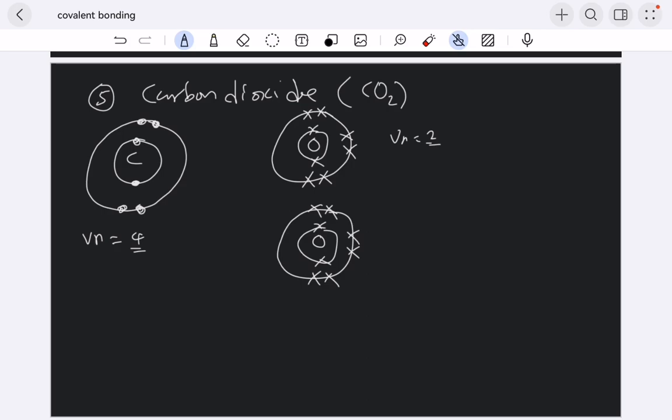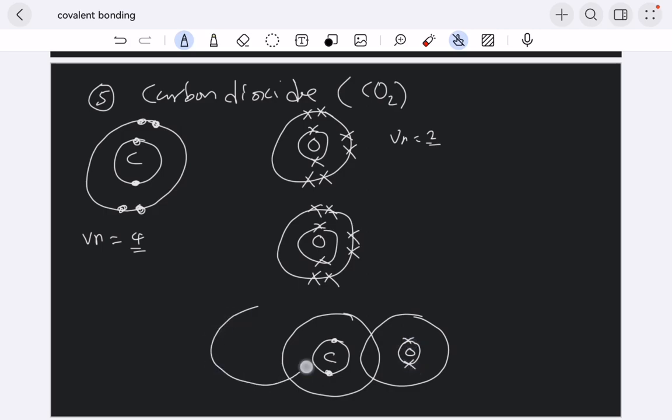So in this case, carbon is put at the center, like that. Then the oxygen will overlap. So we have this oxygen here, and we'll have another oxygen this side. So carbon will share 4. But what will determine the number of electrons to share is oxygen.